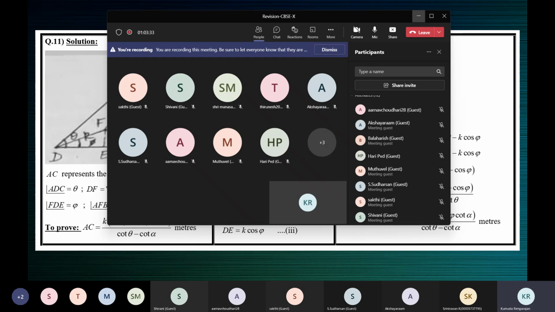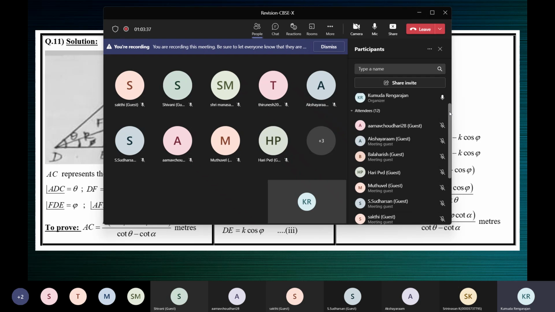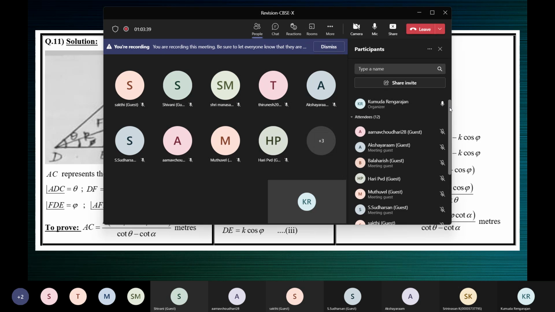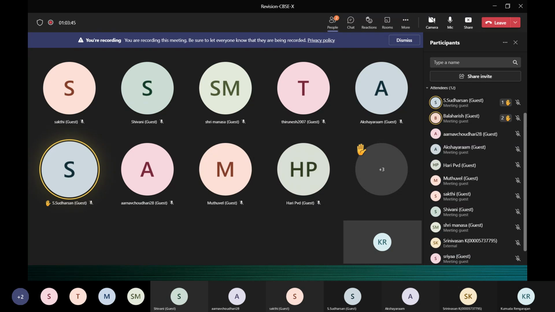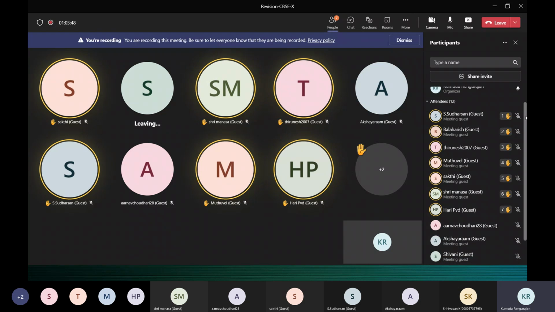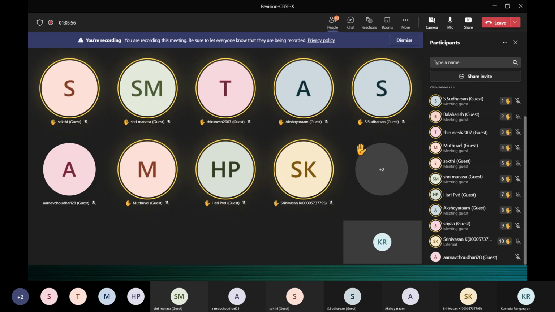How many attendees in today's class? 9 or 10? 12. Class, use the emoji, raise your hand. Sudarshan, Balaharish, Dirinesh, Mutwil, Shakti, Manasa, Hariharan, Akshay Ram, Shriya, Srinivasan.